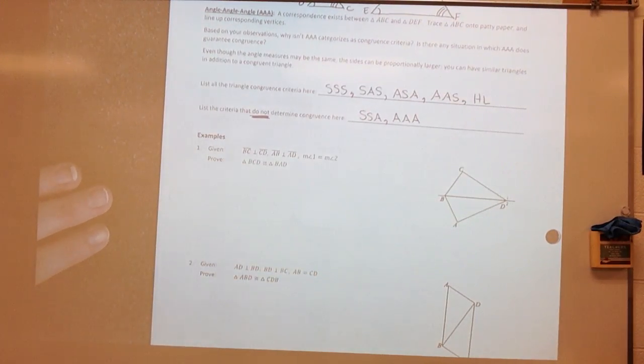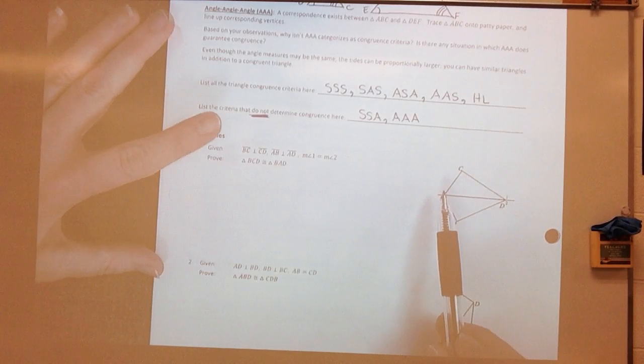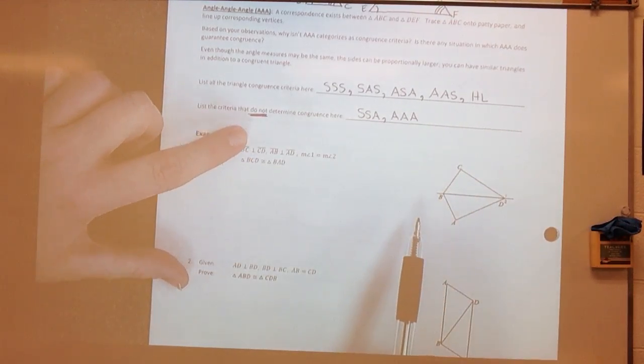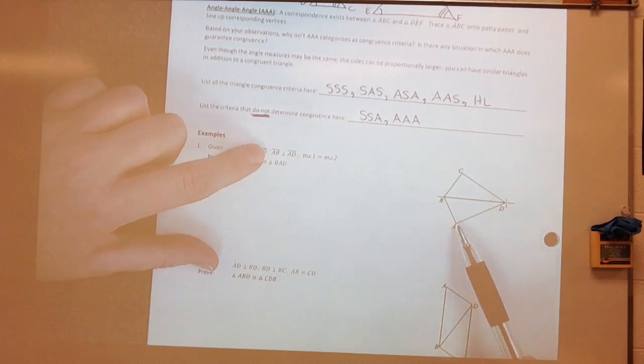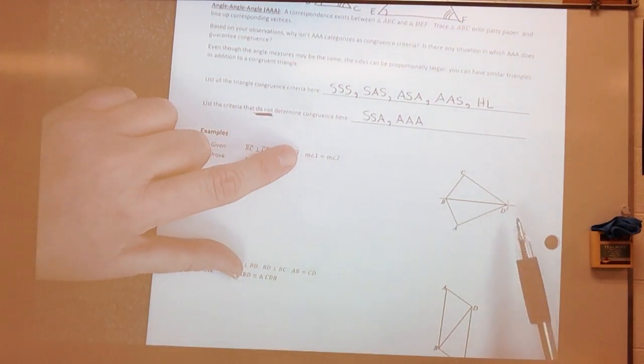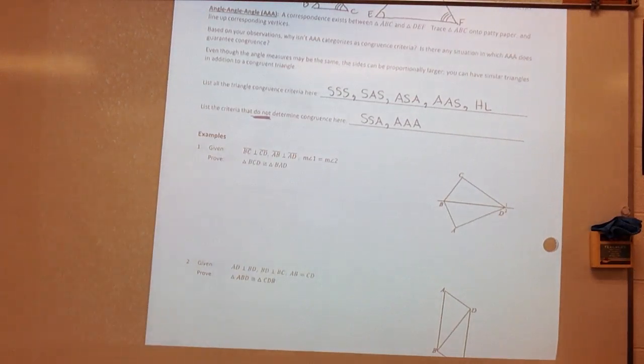So let's look at these last two questions. We are given that segment BC is perpendicular to segment CD. We are given that segment AB is perpendicular to segment AD. We are given that the measure of angle 1 is equal to the measure of angle 2. So we have a lot of given information here.